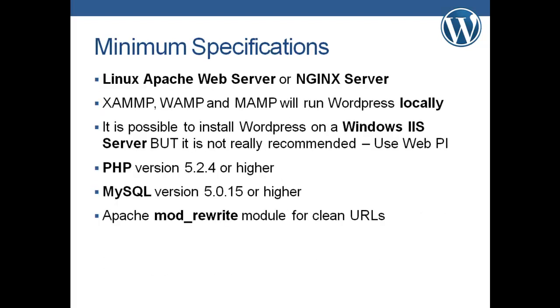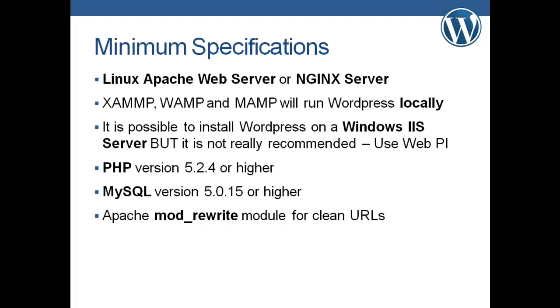Alright, so the minimum specifications. Ideally, you want a Linux Apache web server. WordPress will run on a Windows IIS server, but it's not recommended. I've had issues with it, and a lot of people have had issues with it. So it's really recommended that you have a Linux server.